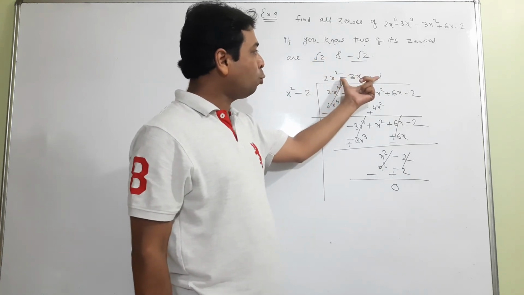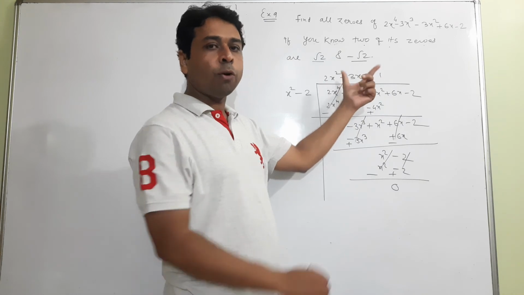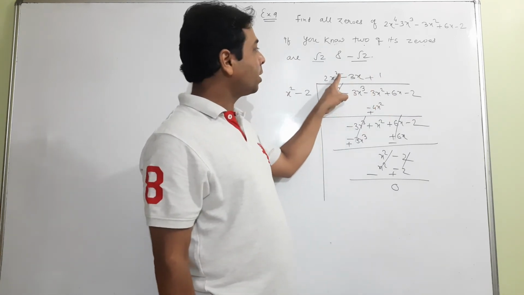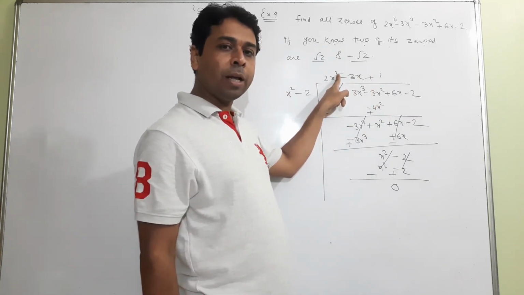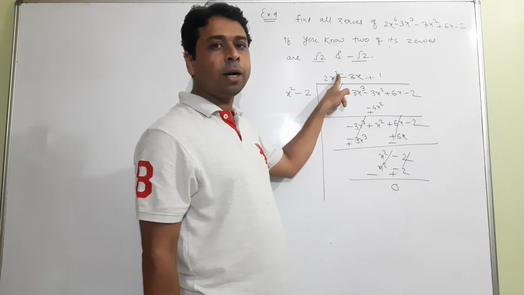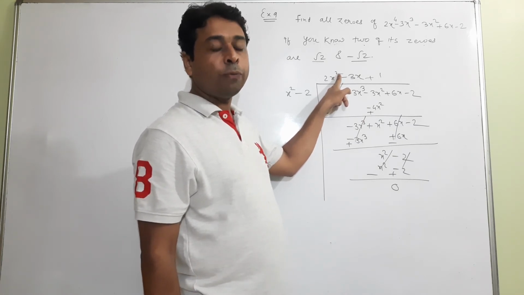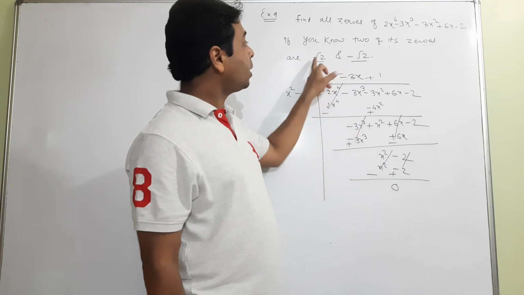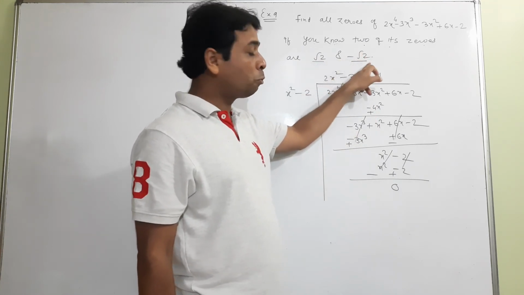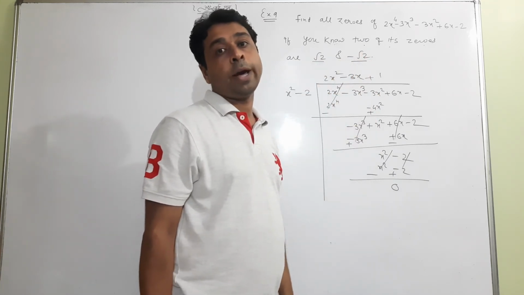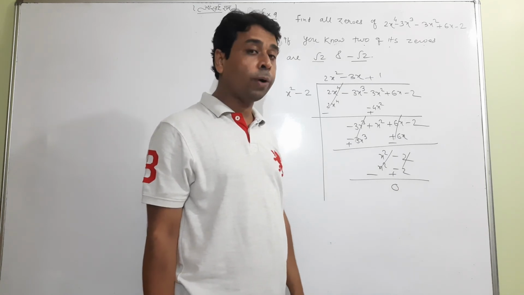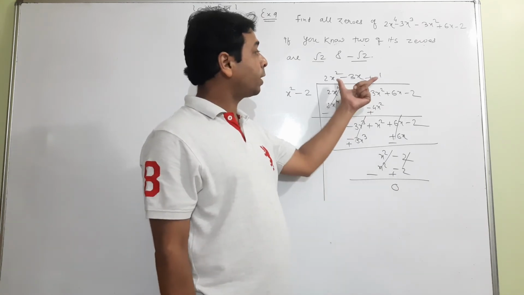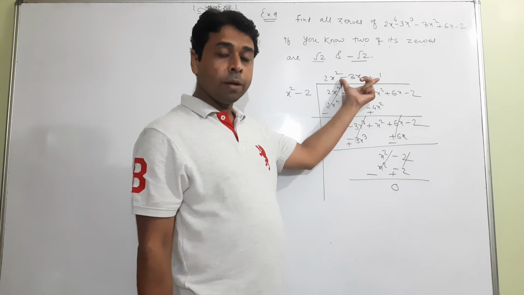Now we have to catch it specially for finding the rest of the zeros. What is it? It is a quadratic polynomial, and we know how to find the other factors. From the initial I wanted to tell you x minus under root 2 and x plus under root 2, 2 factors we knew, and the rest 2 factors we have yet to find, and we can get these 2 factors from the quotient.